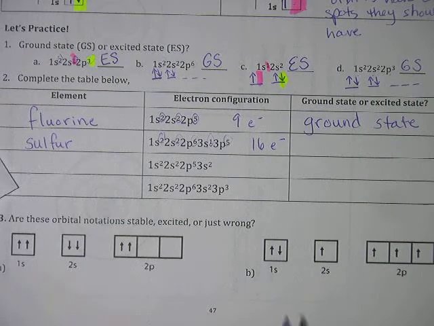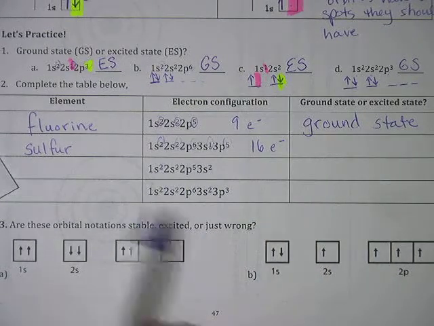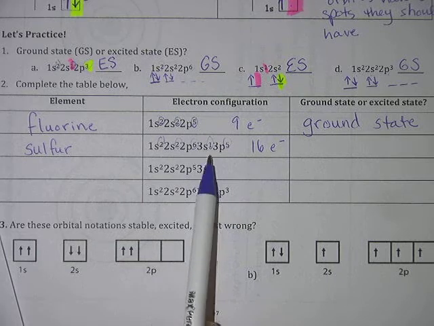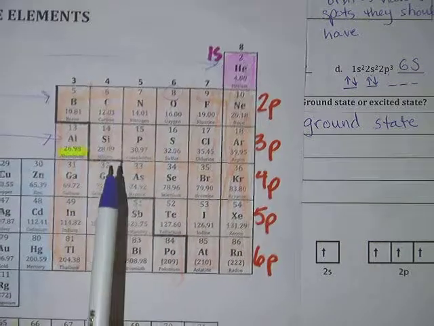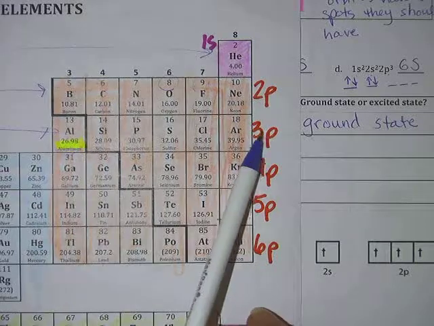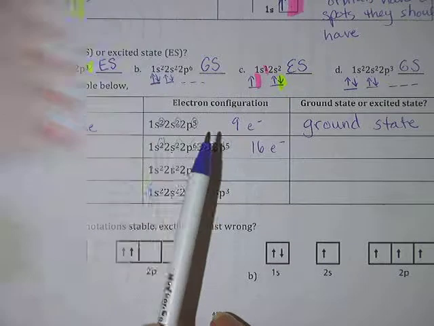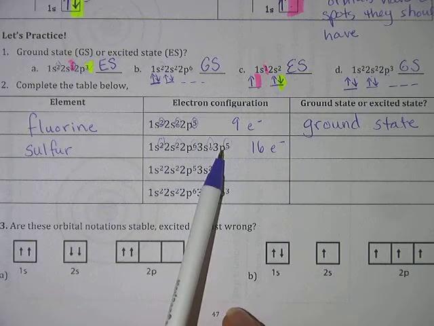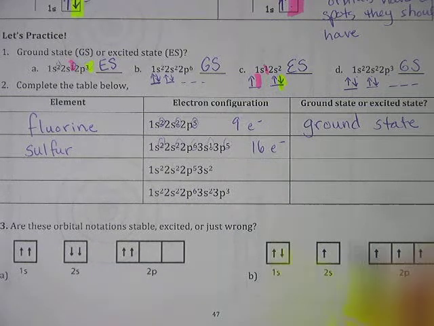But when we go look at the sulfur example, again, two ways to do it. If you're looking at your periodic table anyway, you may check, is sulfur 3p5? Sulfur is in the 3p section, but it's supposed to be number 1, 2, 3, 4. Which tells me that somewhere there's an extra energy electron.